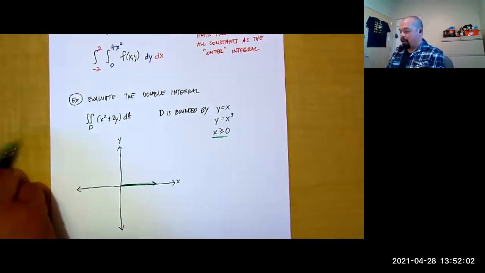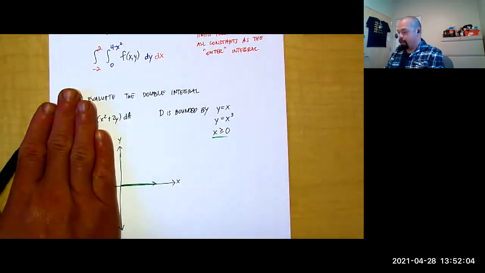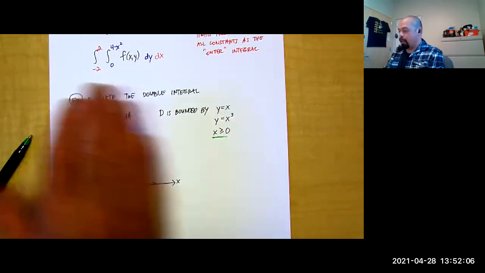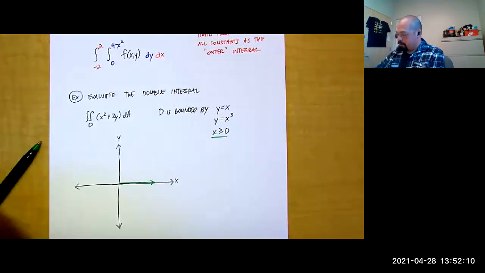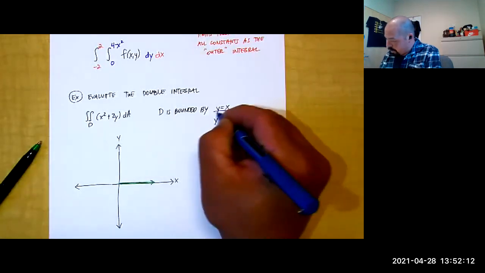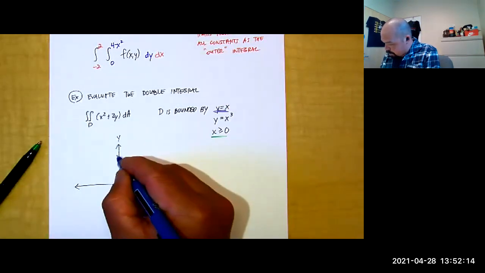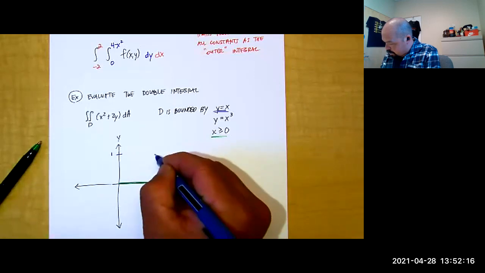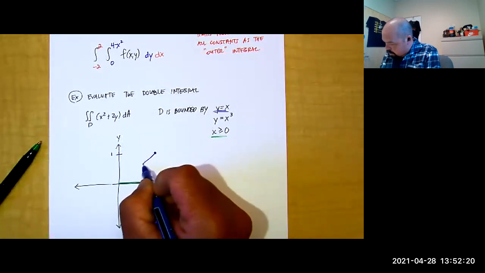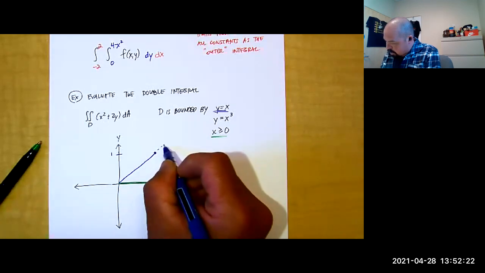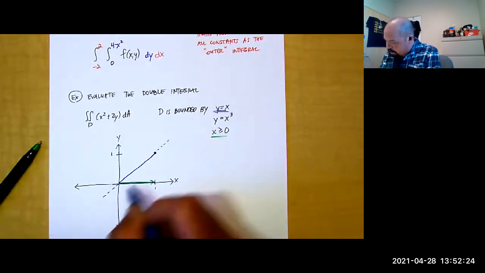I'm not going to worry about if any part of the graph's over here. That line y equals x continues outwards.